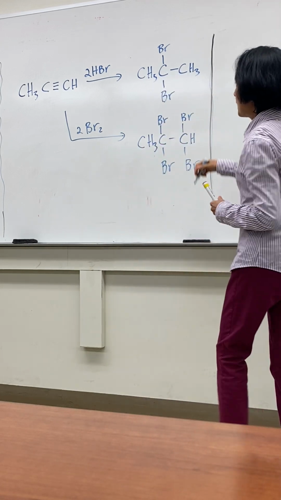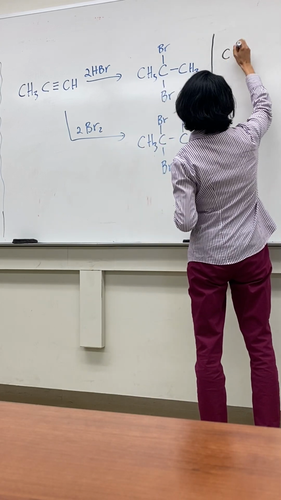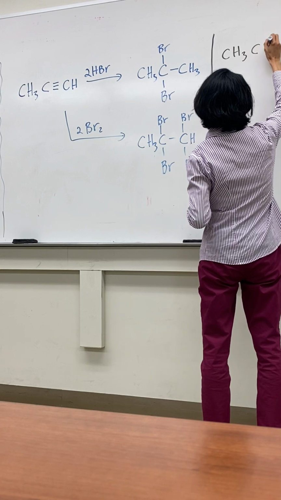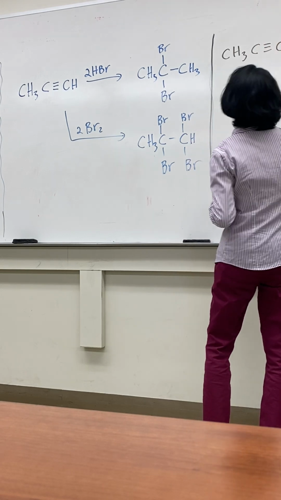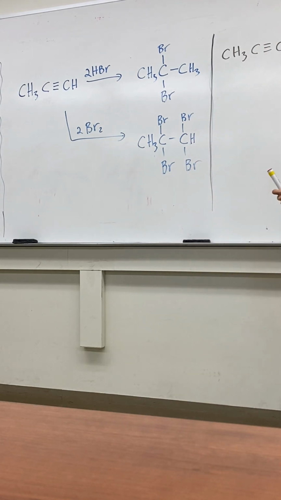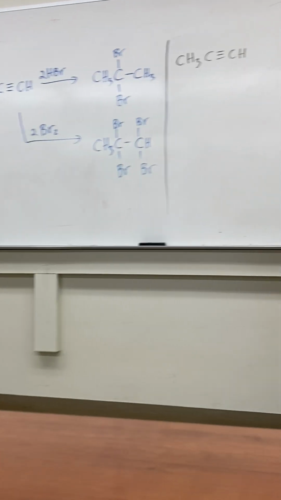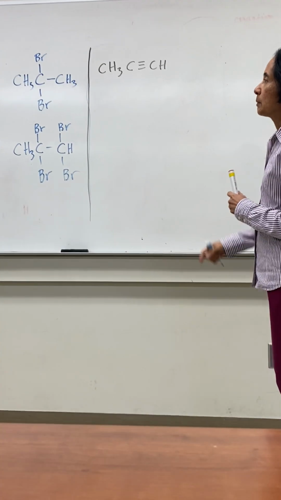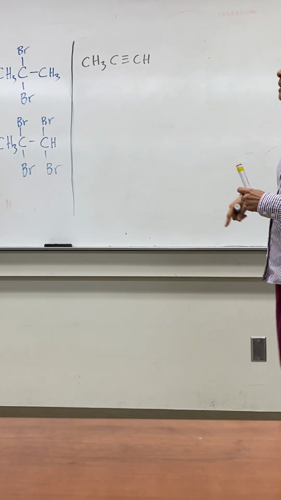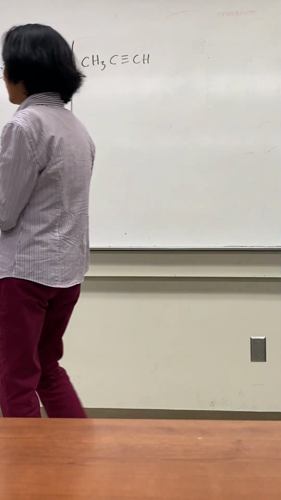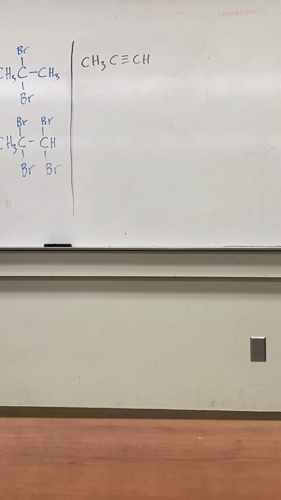So I'm going to use the same example, starting compound like this. I'm just going to do the terminal one because if it's internal, you don't see a lot of difference in terms of the functional group. So I'm going to introduce a different functional group in here, and it's a ketone, so that's new for us, although we did this in the lab, right?